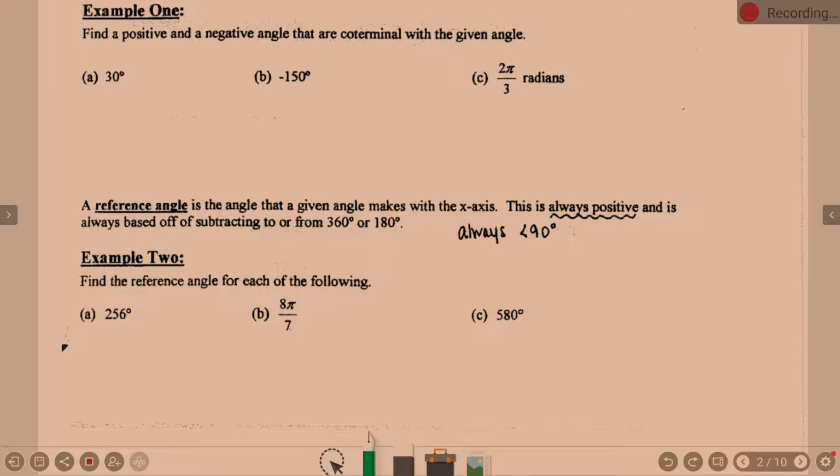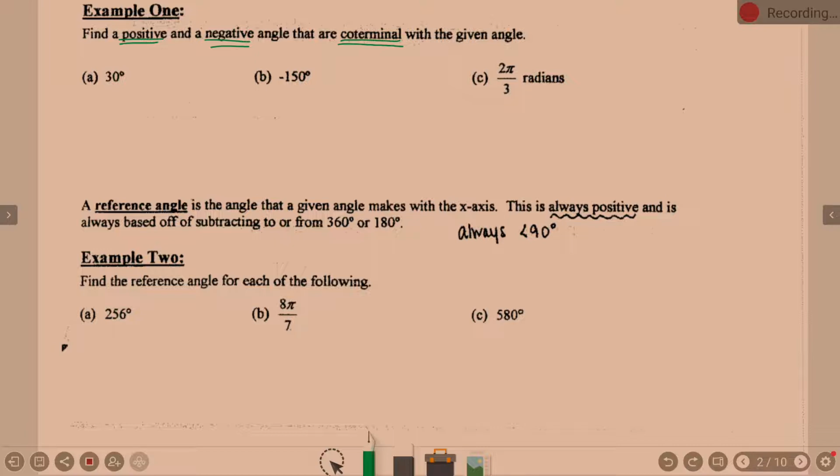Find a positive and a negative angle that are coterminal with the given angle. So we're not going to draw a picture, not that we couldn't, but we're not going to draw a picture. But I want one positive and one negative coterminal angle with 30 degrees.